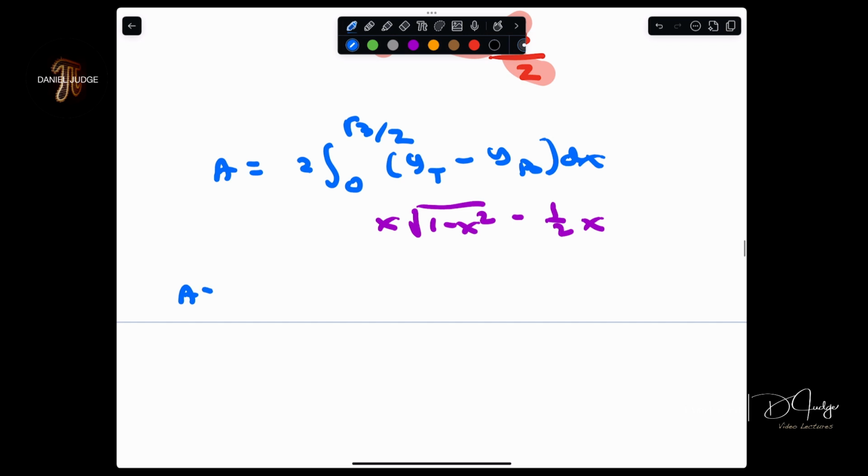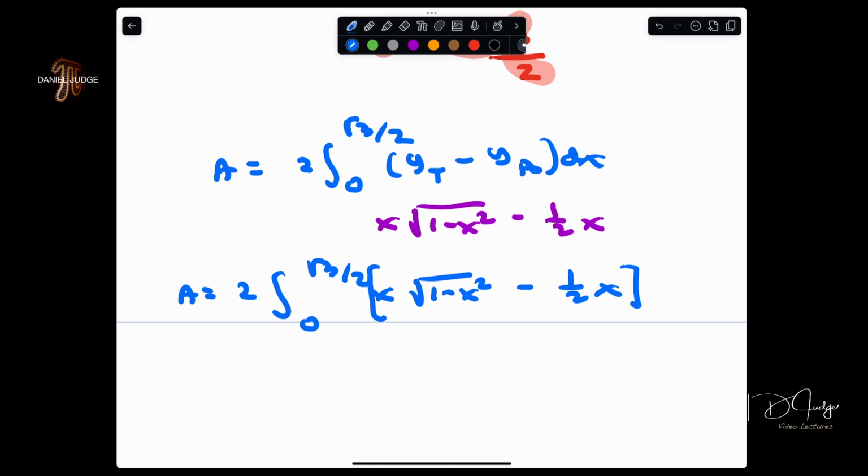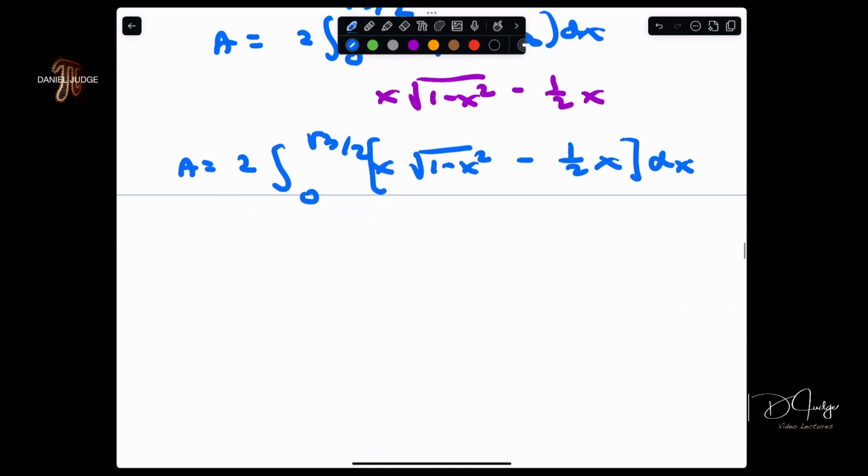So my area is going to be to integrate from 0 to the square root of 3 over 2, all in terms of x, square root 1 minus x squared minus the 1/2 x dx. Now, let me see if we can elegantly integrate. This is what I mean by that.